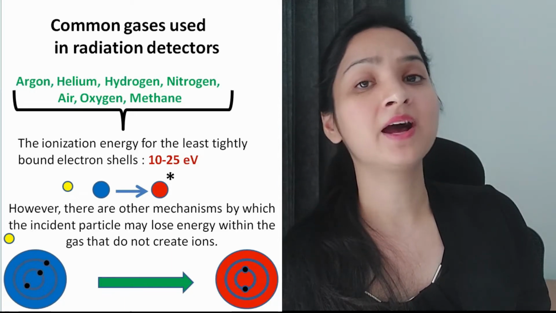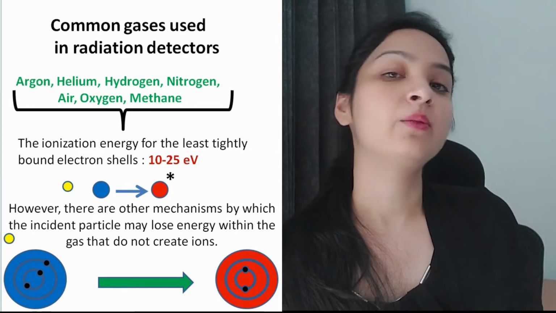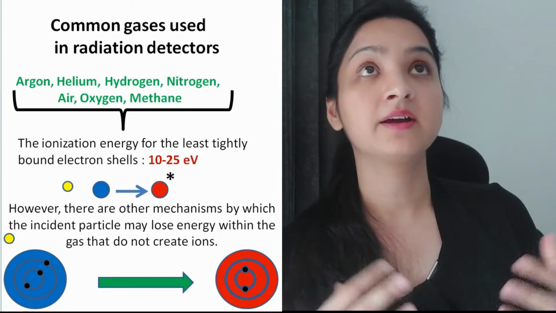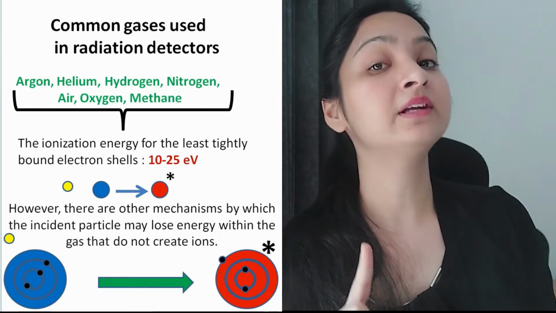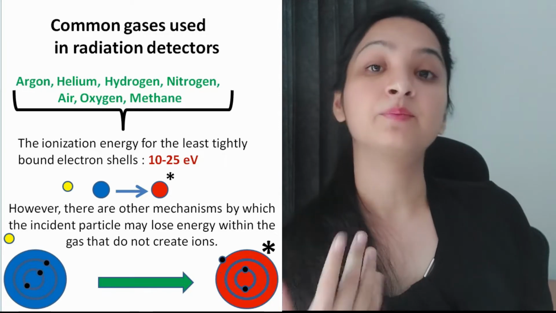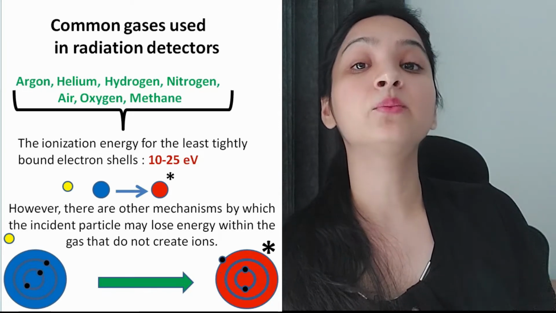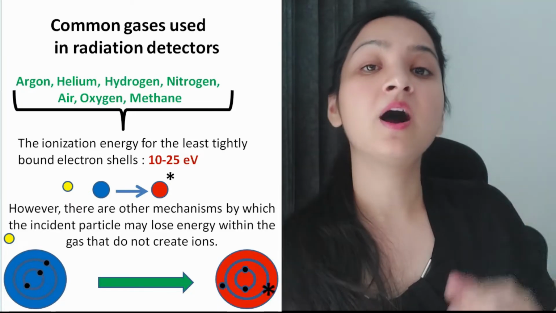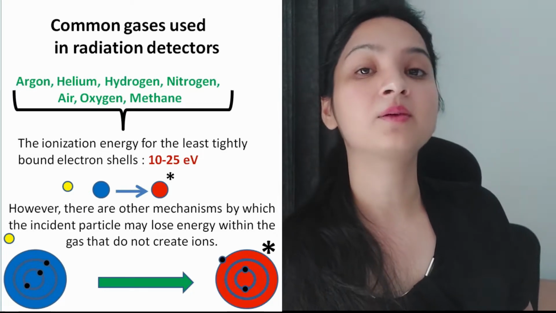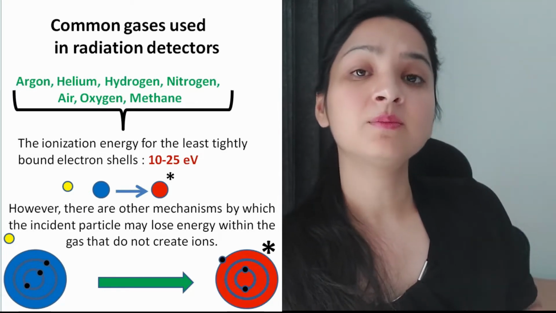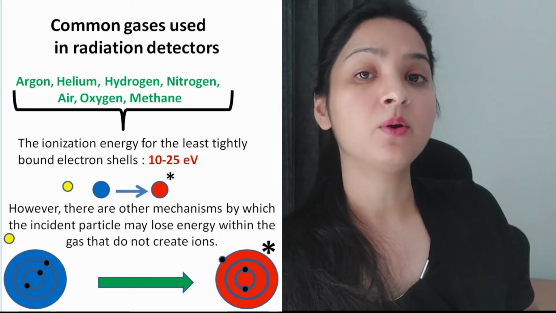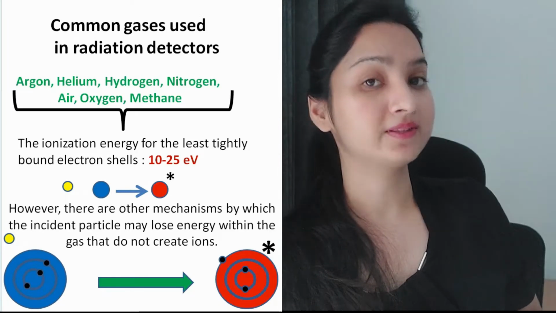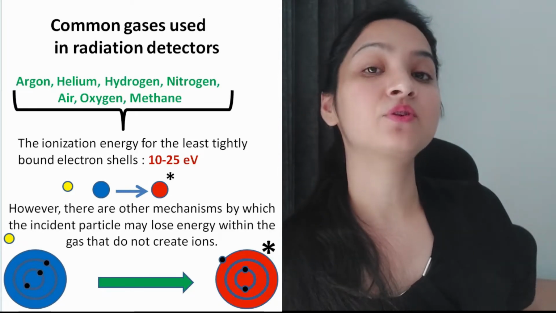Else you will not be getting ion pairs, and if you are not getting ion pairs, what are we doing here? However, you know that there are other processes occurring which do not lead to the formation of ion pairs. The process of excitation of the gas molecule, in which an electron may simply be elevated to a higher bound state within that neutral atom or molecule, so that the atom or molecule as a whole has energy greater than that of its ground state, but still that electron is in the bound state.